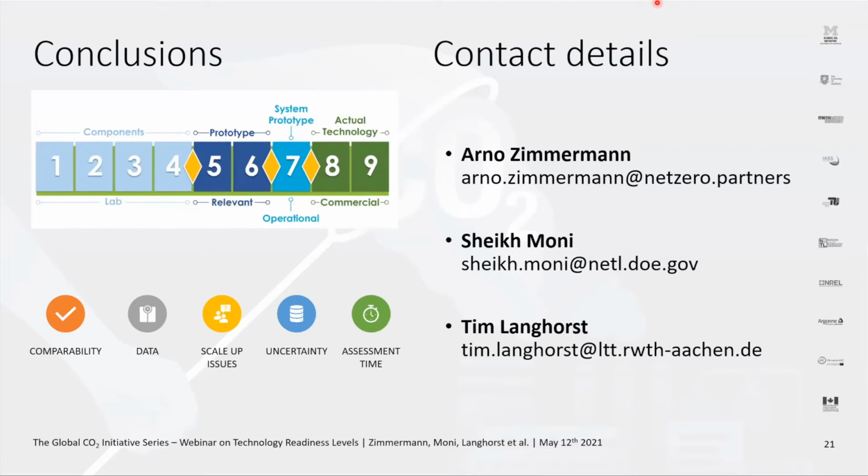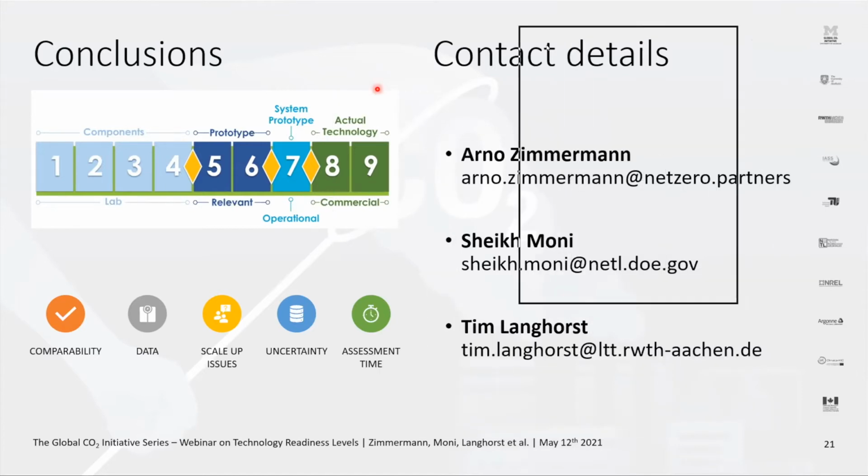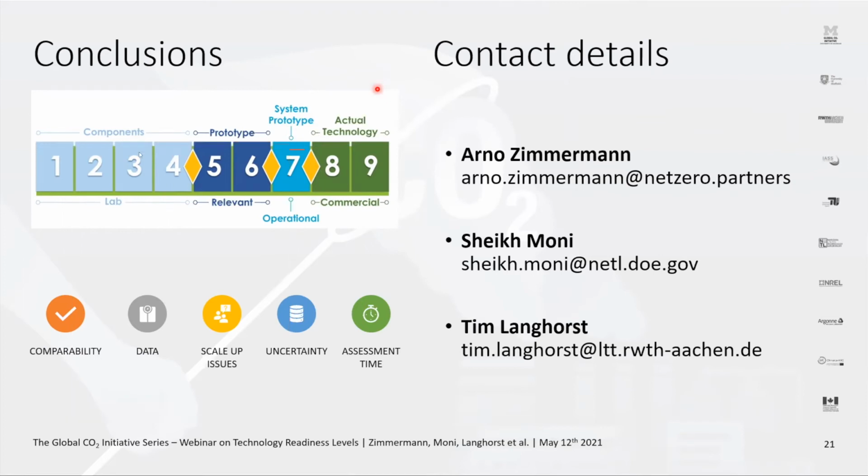In future, we'll be working on how to resolve these issues and come up with a consistent methodological framework. In this presentation, Arno went into details about how to define technology readiness level and how we can evaluate the TRL of an emerging technology or a study, and I went over some of the challenges that we face while performing LCA and TEA at low TRL level.